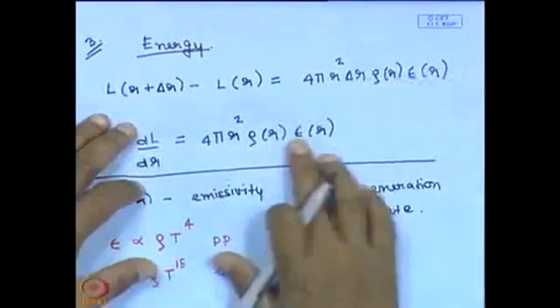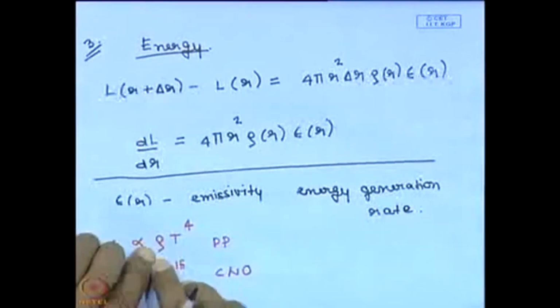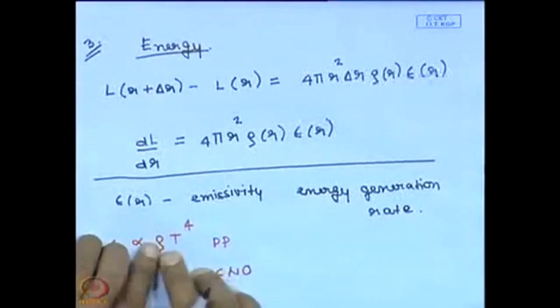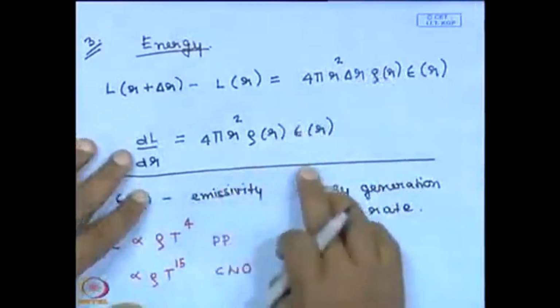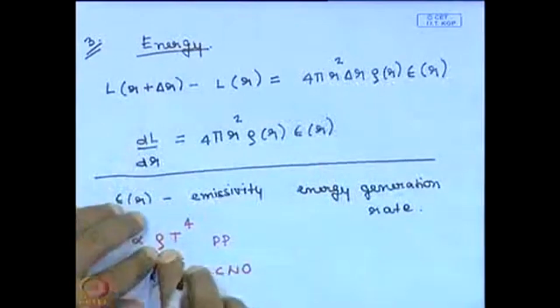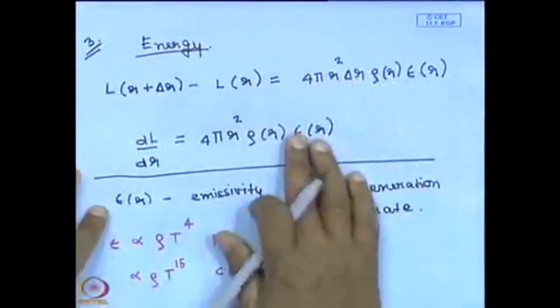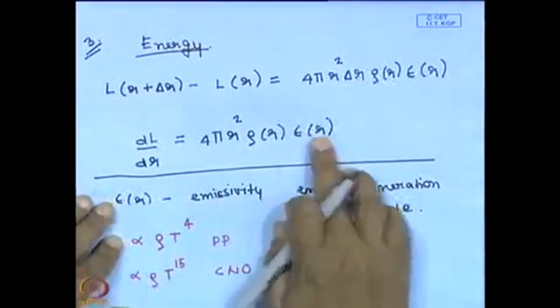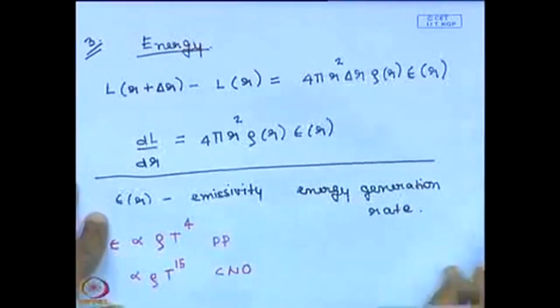We have written this as a function of r, because both the density and the temperature are just functions of r. In reality, if you look at the physics behind it, it is a function of the density and the temperature, but since the density and temperature are themselves functions of r, when you solve the stellar structure, you can think of it as a function of r. Okay. So, that is the third equation.